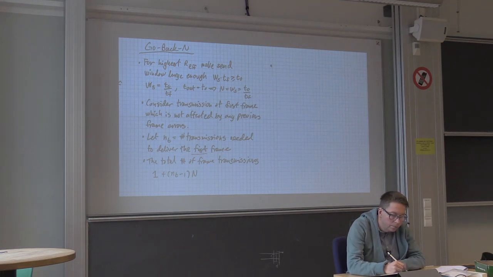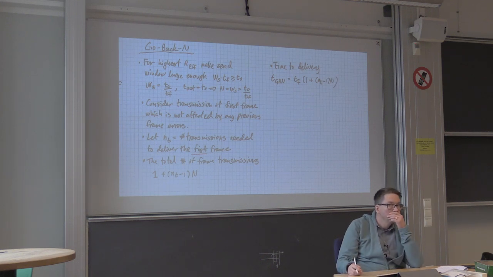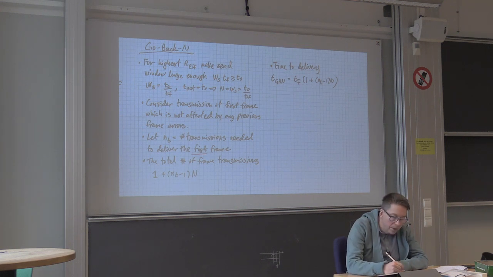Time to delivery. T with subscript GBN, go back N, is then TF, the time it takes to transmit 1 frame, multiplied with the number of frame transmissions, which was 1 plus NT minus 1 times capital N. And then we take the expected value of this.